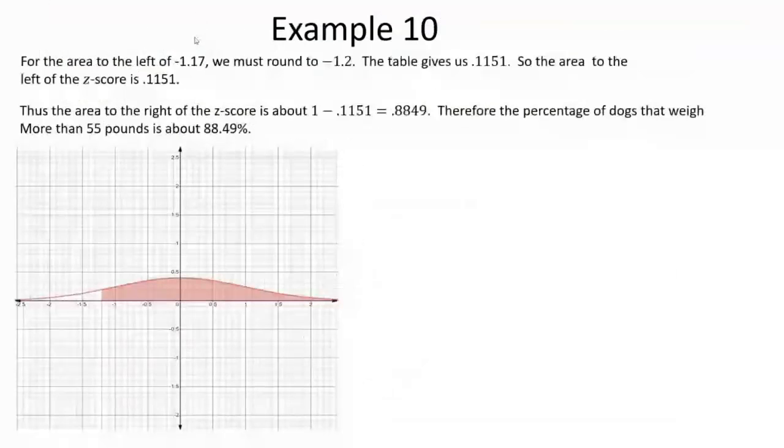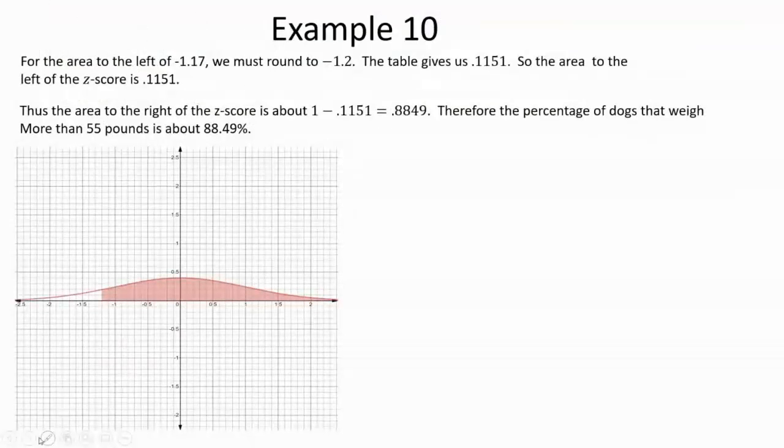Okay, well, we're not quite done yet. Let me get to this. Here we go. So I wrote down above what we saw, but this is the area to the left of the Z score. The area to the left is 0.1151. We want the area to the right. Well, we subtract from 1.